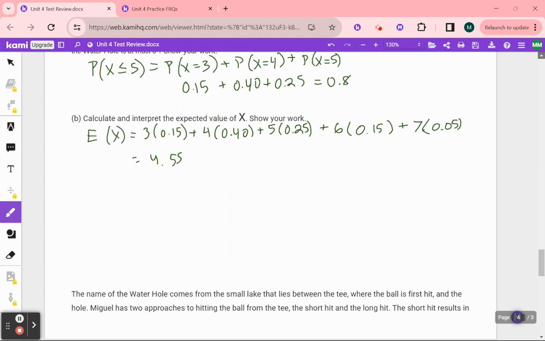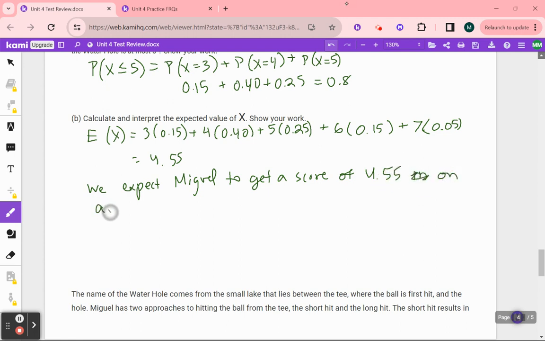And let's interpret that. We expect Miguel to get a score of 4.55 on average in the long run.